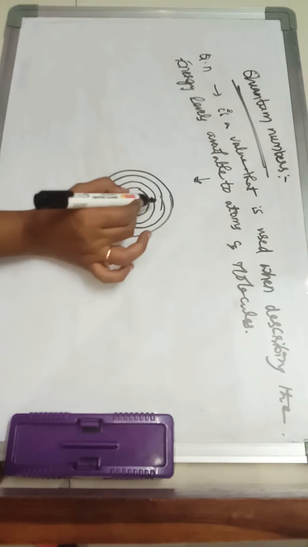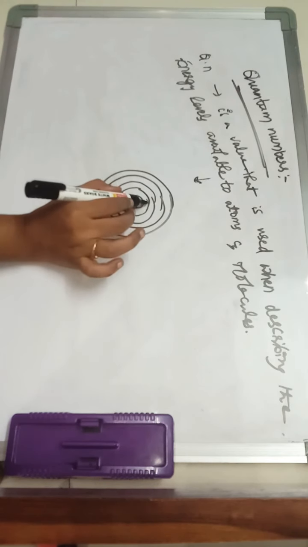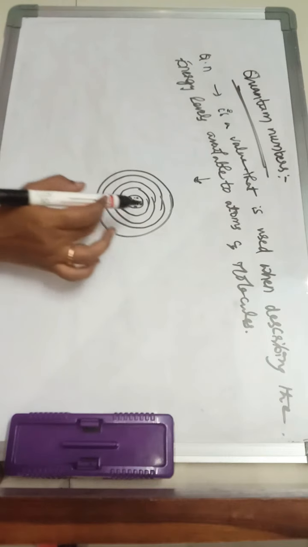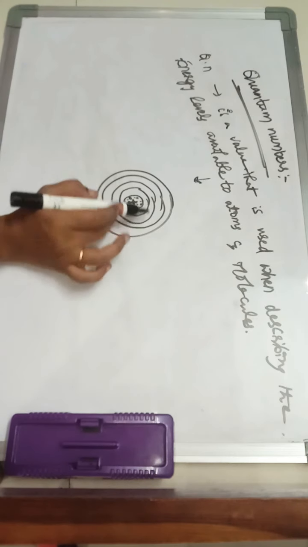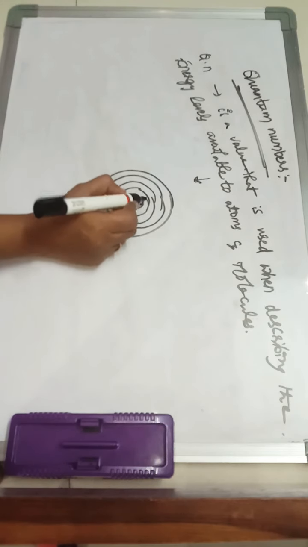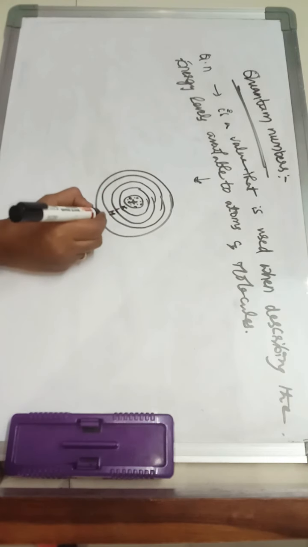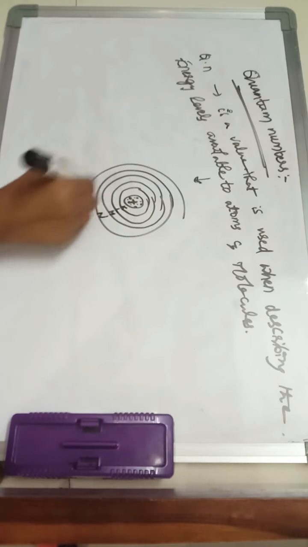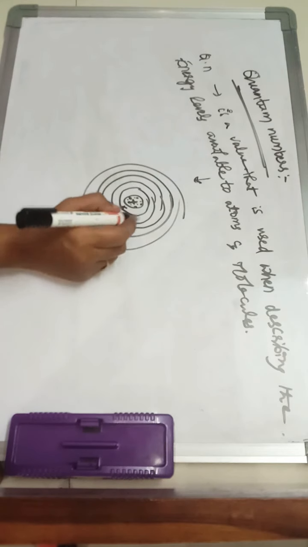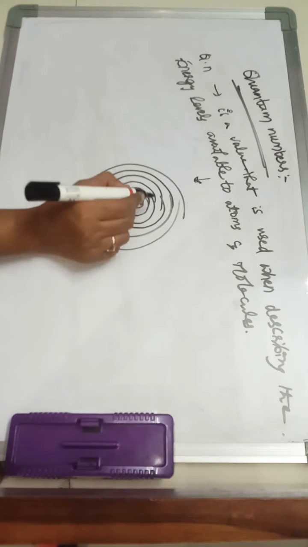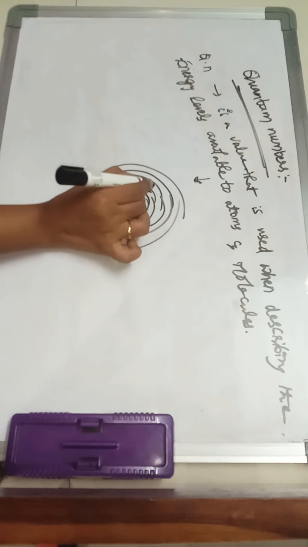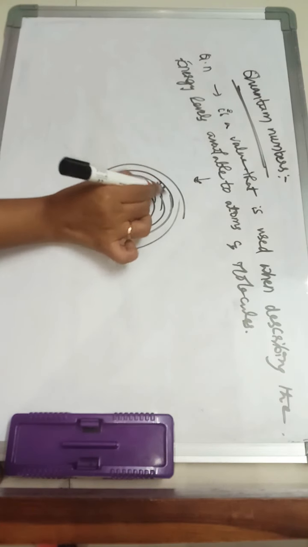Each energy level, or stationary orbital, or shell, has electrons, indicated as K, L, M, N, having 2, 8, 18, 32 electrons.